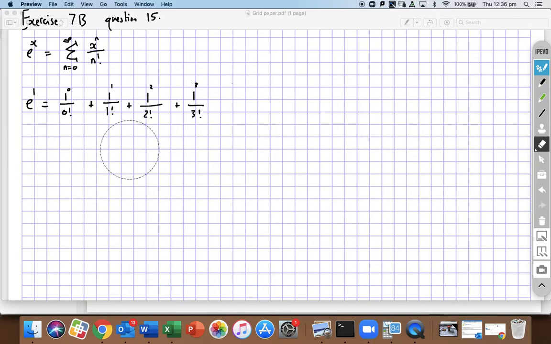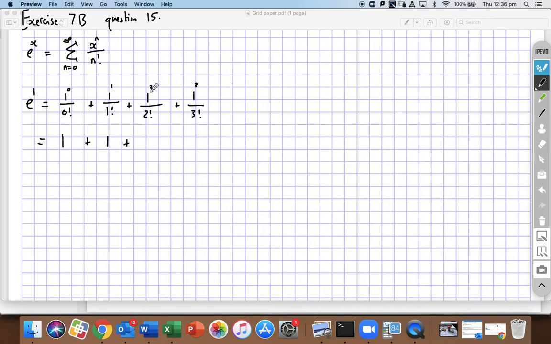It really all seems a little bit overkill because you probably know that anything to the power of 0 is 1, 0 factorial is 1, so this is just a 1. That's just a 1. 1 to the power of 1 is also 1.